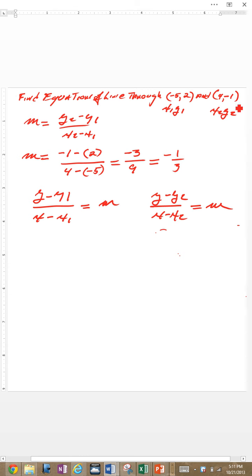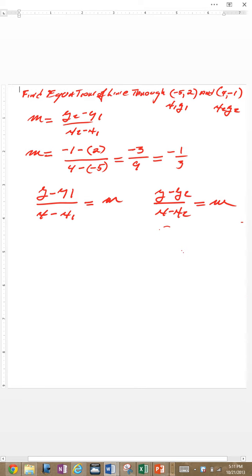It makes no difference which of these 2 points we're going to use. It makes absolutely no difference. Okay? So let's choose the x1 and y1.